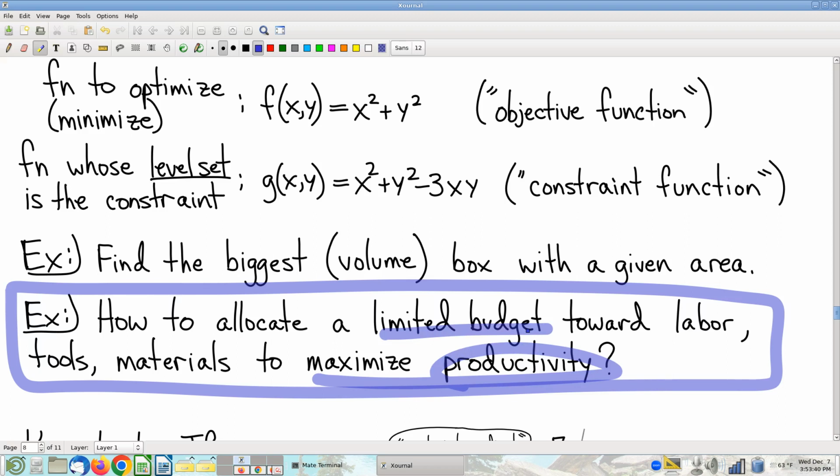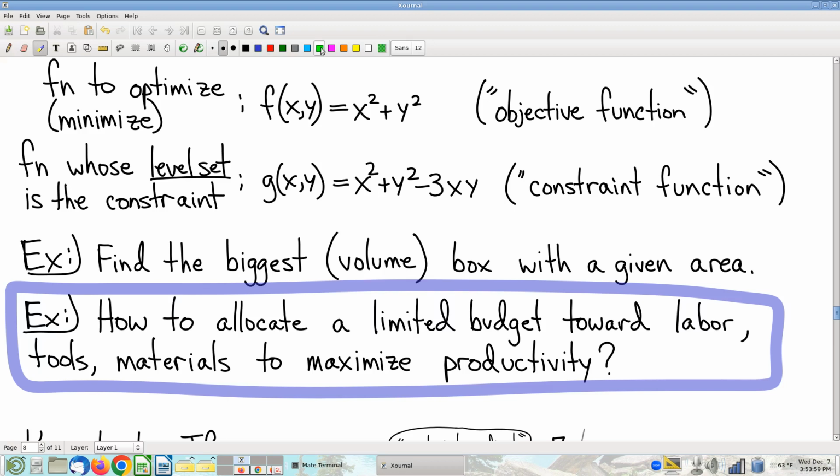The sad reality of the real world. I've got a certain amount of money in the bank, or a certain size of a loan I'm going to be able to take out, and I'm going to have to spend some on labor, some on tools, some on materials. All together, how do I apportion that amount of money to maximize my productivity? So again, constrained optimization.